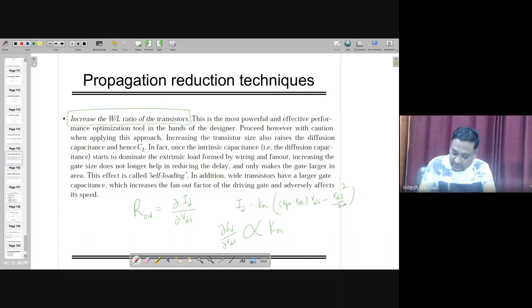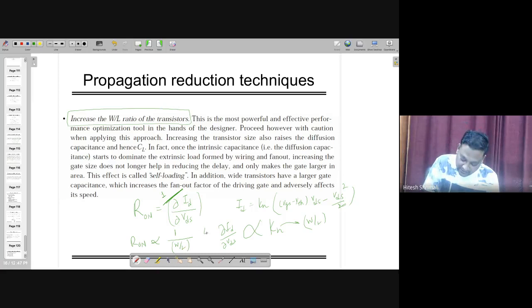So in that case, it's only W by L, which is actually giving you, okay, by the way, this is 1 by del ID by del VDS, sorry, that was a mistake from my side. So when you are having this, it's in proportion of W by L, so the resistance goes inversely proportional to W by L. So if you want to reduce resistance, you have to increase W, or you can reduce L, right?